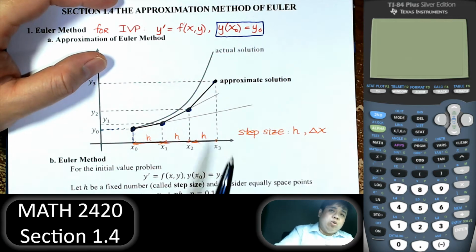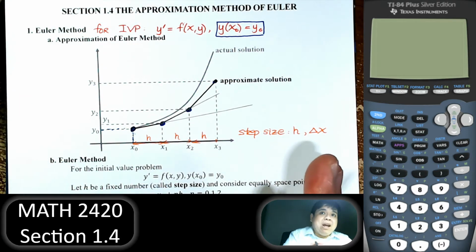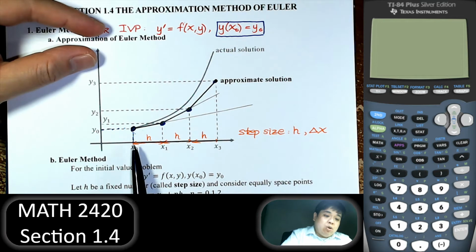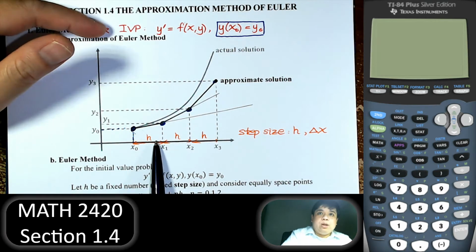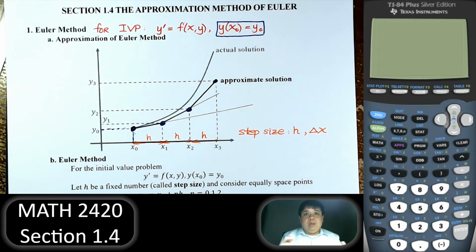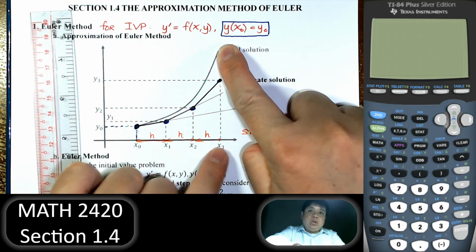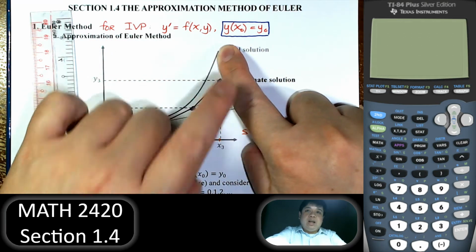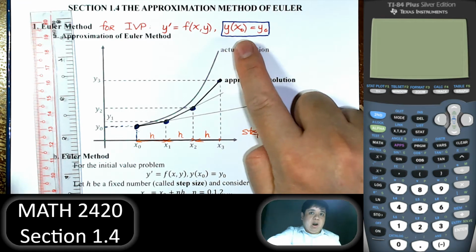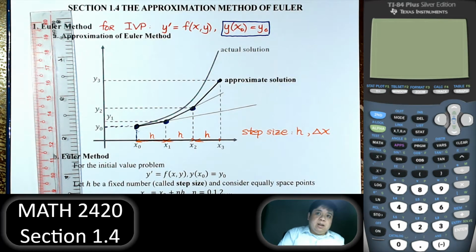Compared to the actual solution, this may or may not be good, depending on how small a step we choose. The smaller the step we choose, the better the approximation. For example, if we want to estimate the function at this value, and we choose a bunch of steps in the middle from there to there, it will be a lot more accurate.